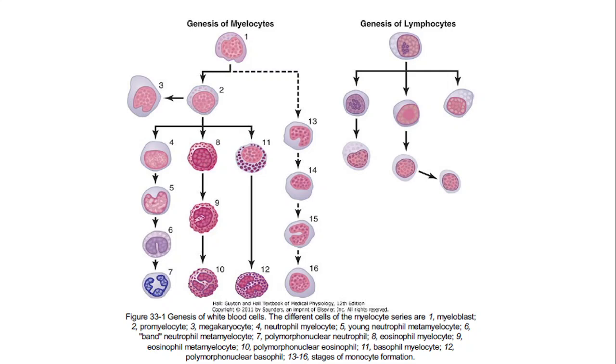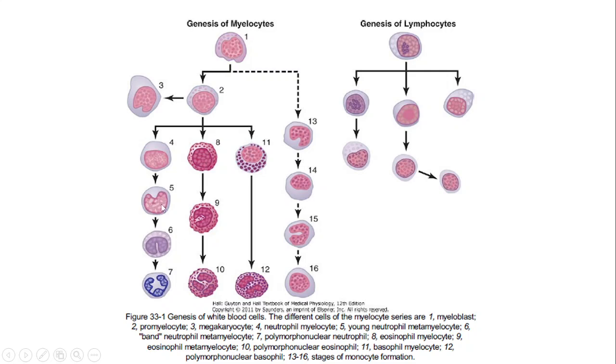Those white blood cells that don't contain any type of granules in their cytoplasm are called lymphocyte and monocyte. So these are the steps through which the granular white blood cells, or granulocytes, are produced. This process is also called granulopoiesis.